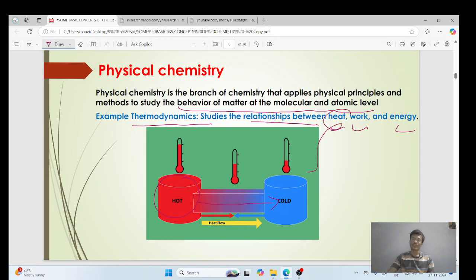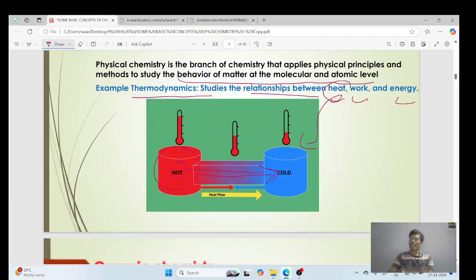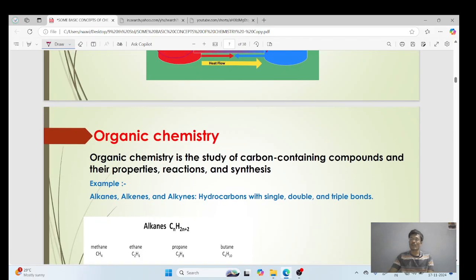Here we are talking about heat: the atoms move from a hotter region into a colder region.